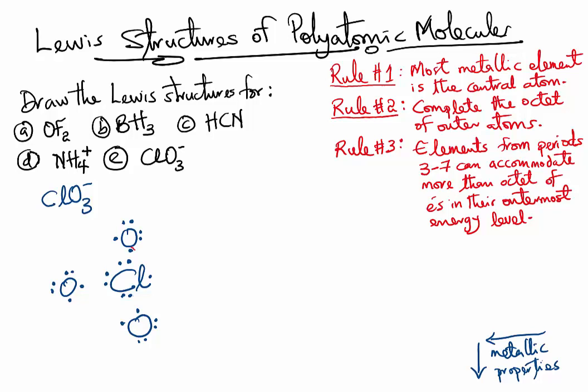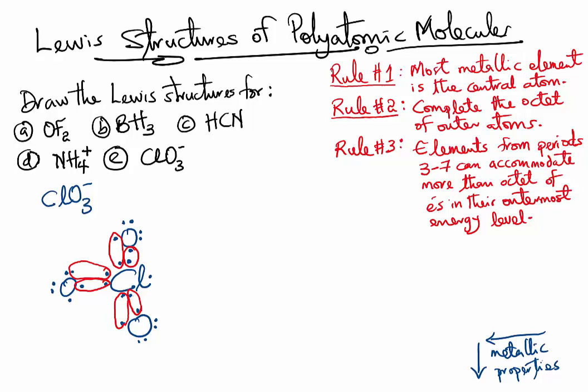So if we share 2 electrons between oxygen and the central chlorine atom, the oxygen is not yet having an octet structure. So to make the oxygen happy, we would have to share more than 2 electrons. So we will need to have another 2 electrons being shared between the oxygen and the chlorine atom for each of them.